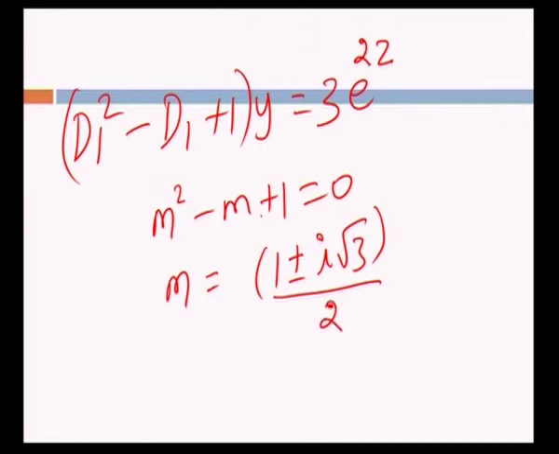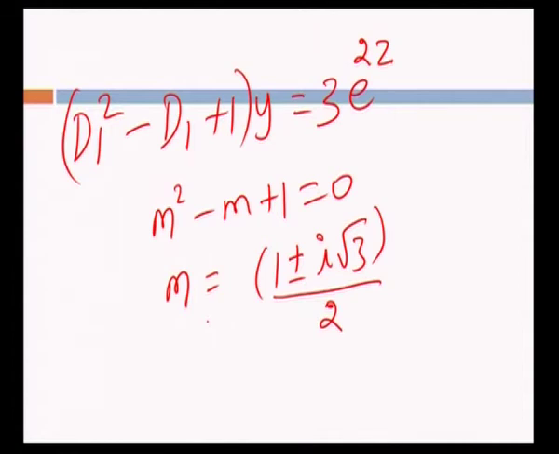Now the roots of this characteristic equation are m is equal to 1 plus or minus i root 3 by 2. Here this characteristic equation is not factorizable straight away. So we need to use the formula minus b plus or minus square root of b square minus 4ac by 2a. After using that, we got the roots as m is equal to 1 plus or minus i root 3 by 2.